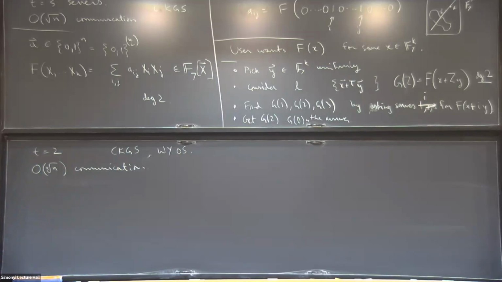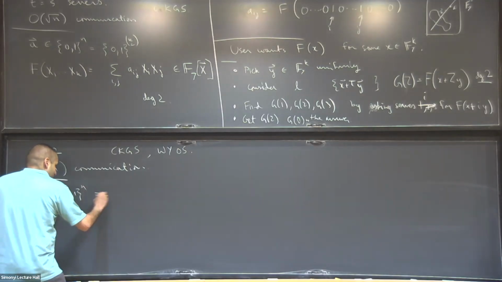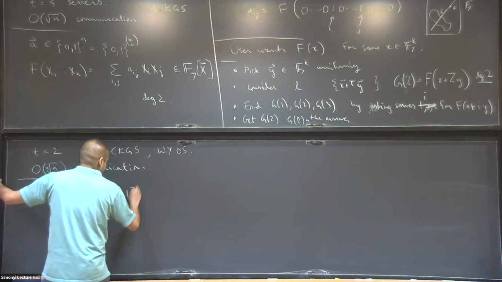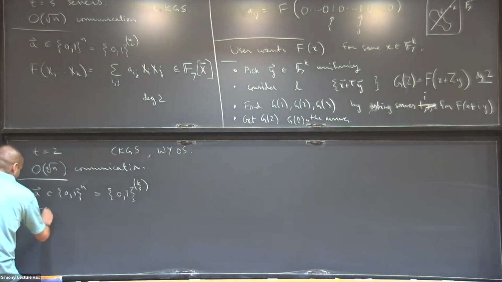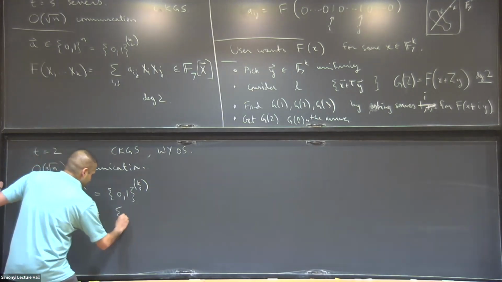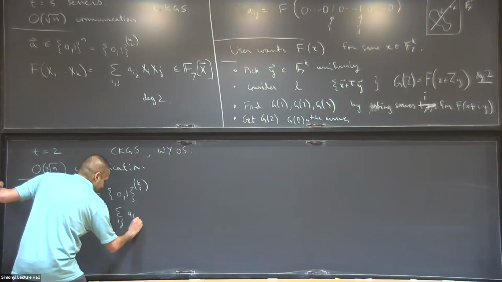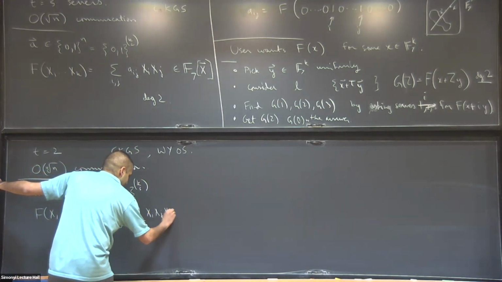So A is in {0,1}^n, which is now re-indexed to be {0,1}^(k choose 3). And we define the same polynomial f of x1 up to xk to be the sum over all i, j, l of a_ijl x_i x_j x_l.